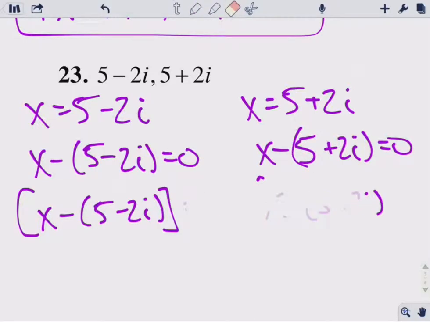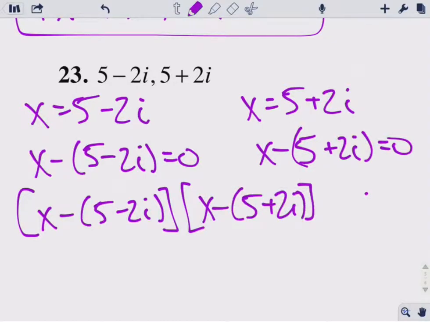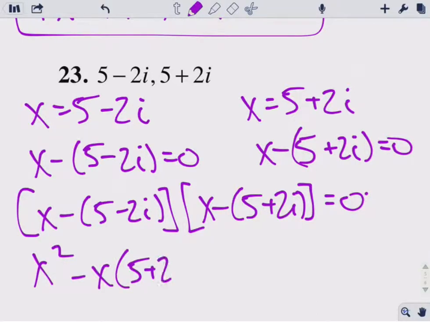Let's actually multiply it together. Alright, FOIL: first times first, outside, inside, last.